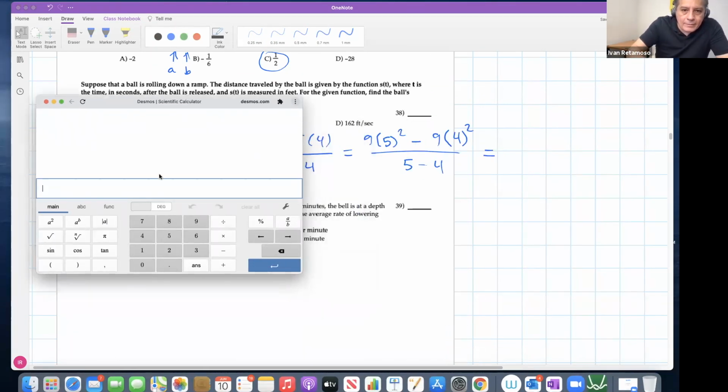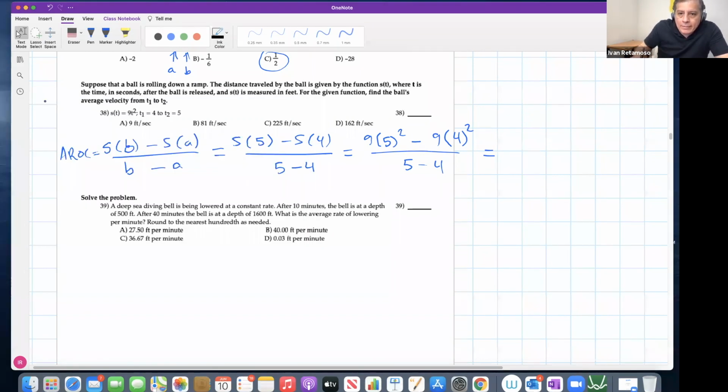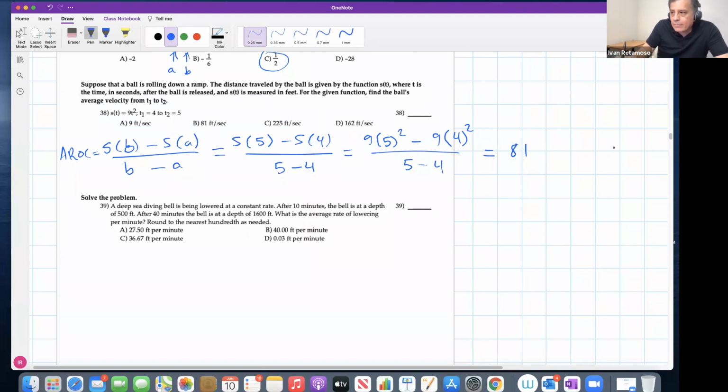So fraction, and you do 9 times 5 is squared minus 9 times 4 is squared all over 5 minus 4. Professor, that's just 1. But in case the computation is right, you got to write it like this, right? Conclusion, this is 81, okay? So 81, small computation. In the end, you may attach the units feet per second, right?